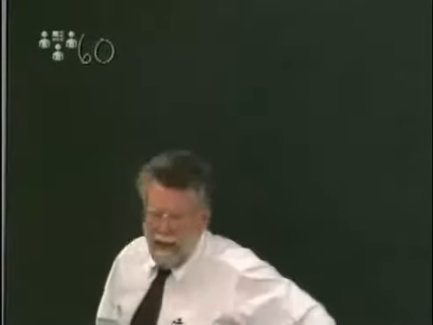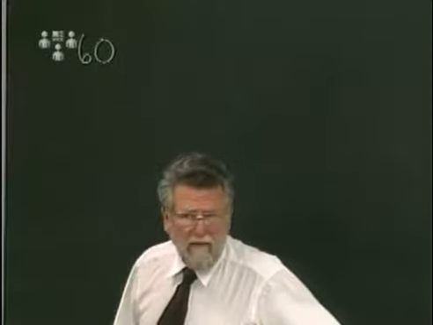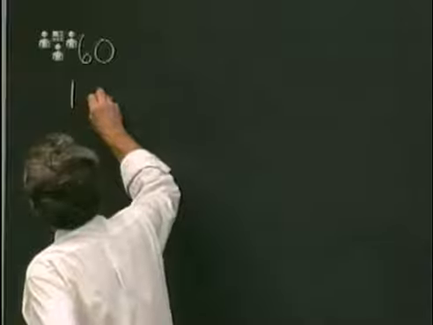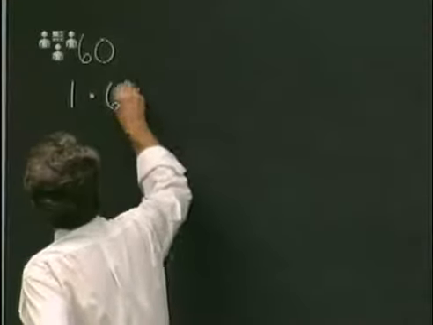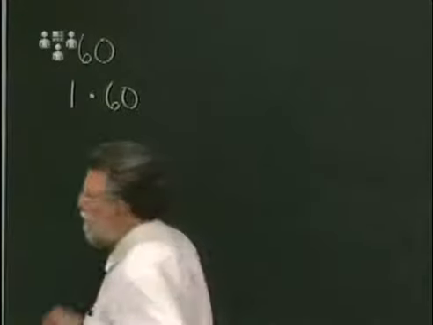So if I look at 60 as I go to the board, and I have a 6-0, then I could write that as a product in a number of ways. Obviously, 1 and 60. And then I could say 2 and 30.